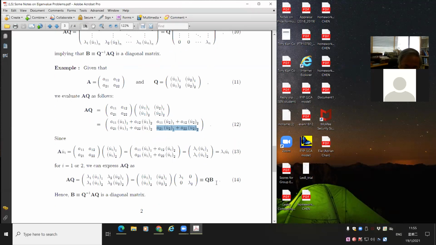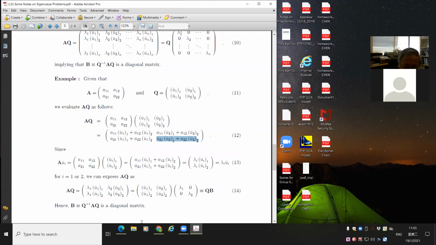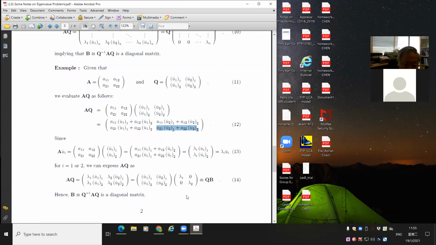Now B contains only the diagonal elements, and the diagonal elements are simply the eigenvalues of the matrix A. So B is equal to Q inverse times A times Q, a diagonal matrix. Get it? So that's how we diagonalize a matrix A.